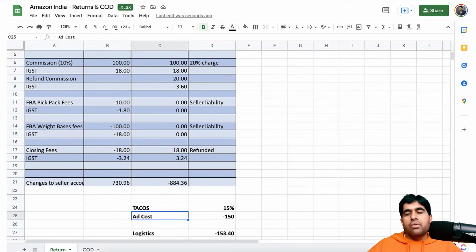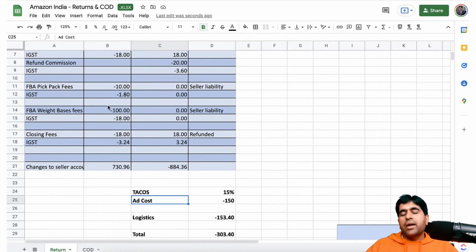If you look at some of the consumable categories, vitamins, beauty products, the TACOS is much higher. But say for example, in your category, your total ad cost of sales is 15%, right? So on the product cost of 1,000, you are incurring an ad cost on average of 150 rupees for every unit that you sell. Because it's returned, you are kind of losing all of that ad spend as well, right?